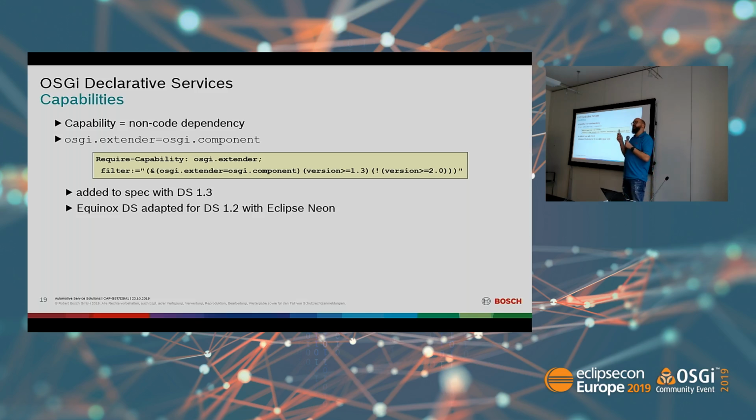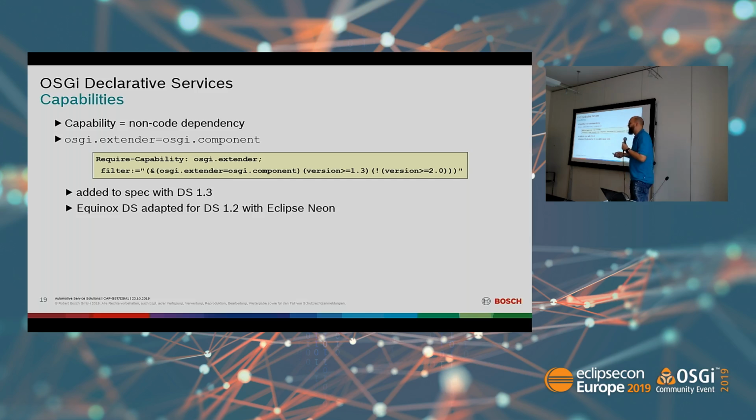Because we want to start up the service component runtime, and we also want to specify in the dependency that we need the service component runtime. But we are never touching any class from this runtime. So how do we tell then that we have this dependency?